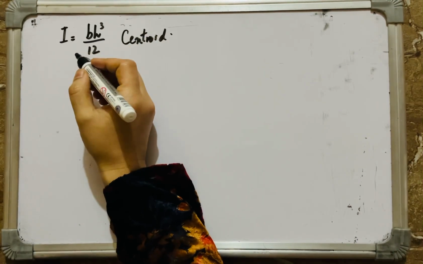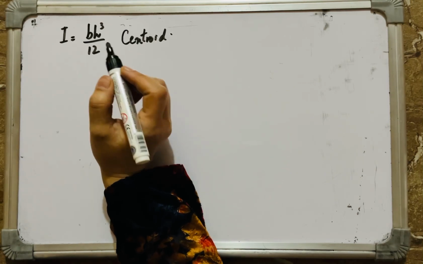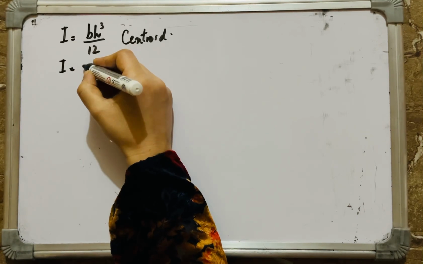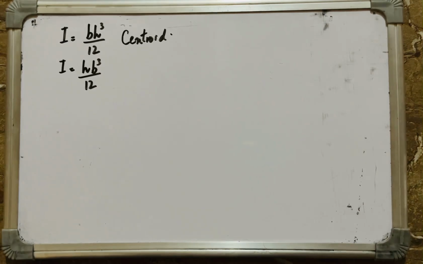What is the moment of inertia of a rectangle about the centroid axis but perpendicular to its base? It will be reversed: hb cubed by 12. This is the moment of inertia of the rectangle about the centroidal axis but perpendicular to the base.